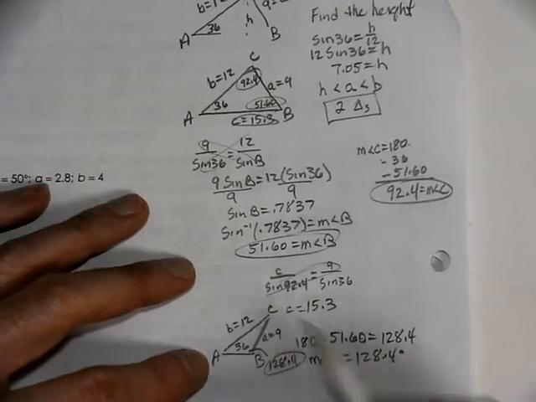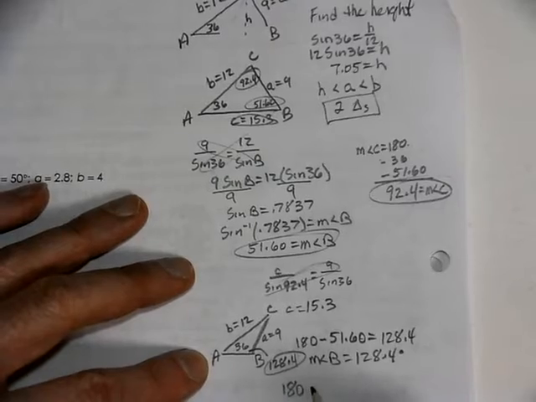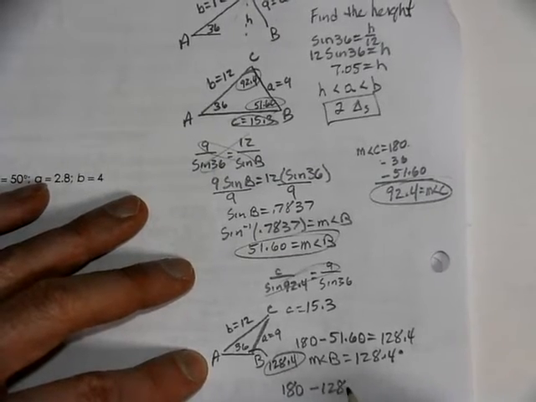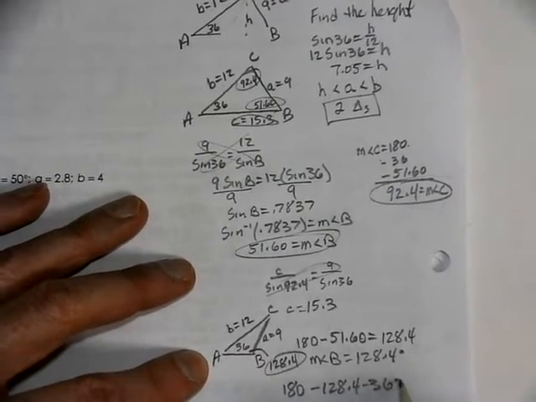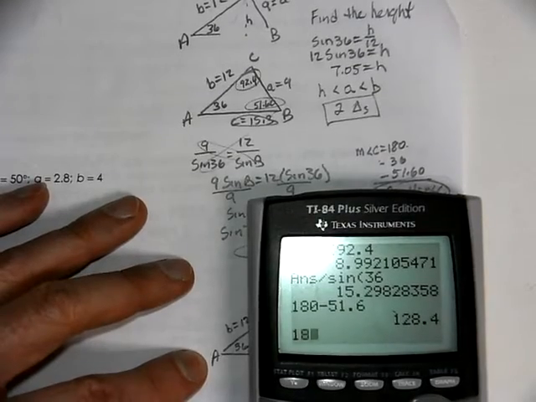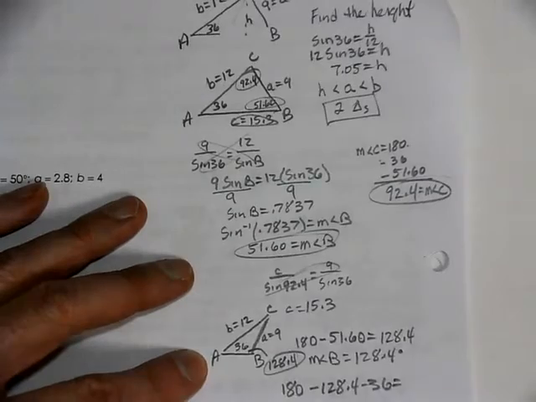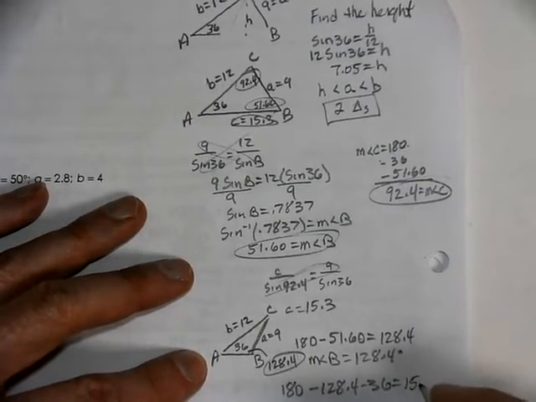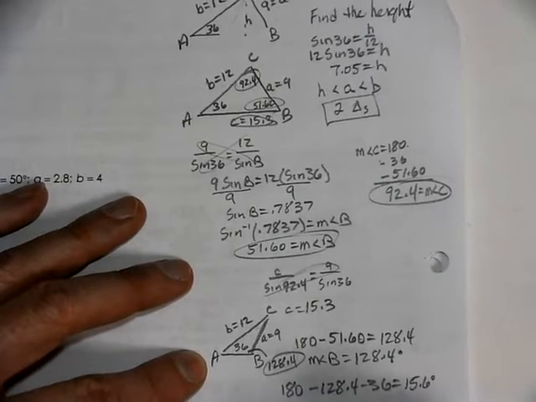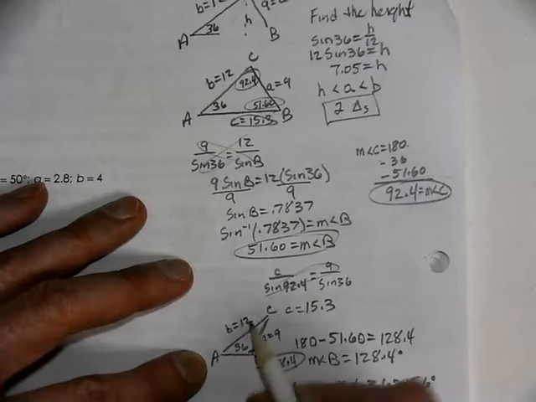And to find angle C, we do the 180 thing again because we have two of the three angles. So 180 minus 128.4 minus 36 gives us 15.6. So the measurement of angle C is 15.6.